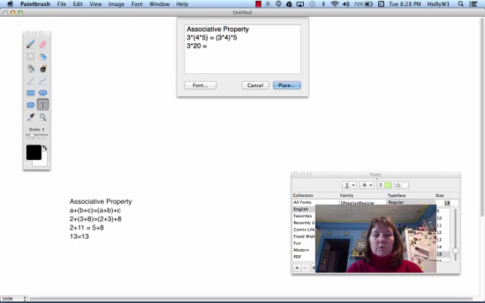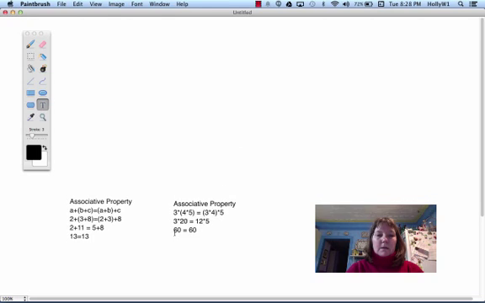Is that equal to 12 times 5? 12 times 5 is also equal to 60. So the associative property is true for both multiplication and addition. It is absolutely not true for subtraction and division.